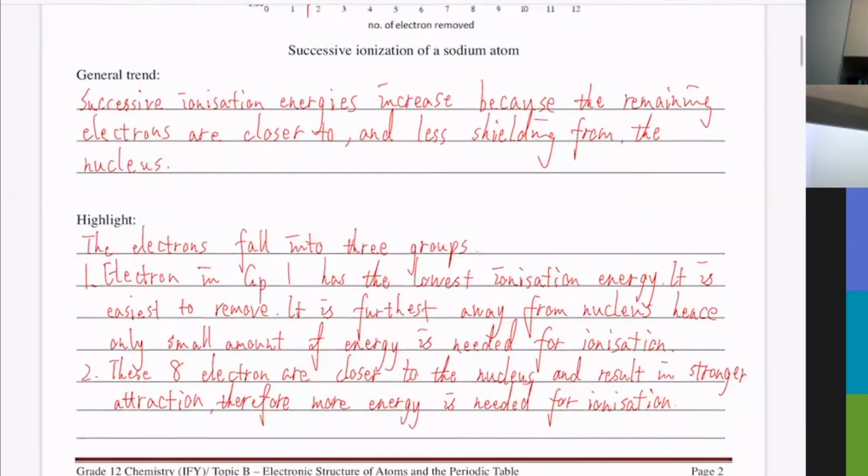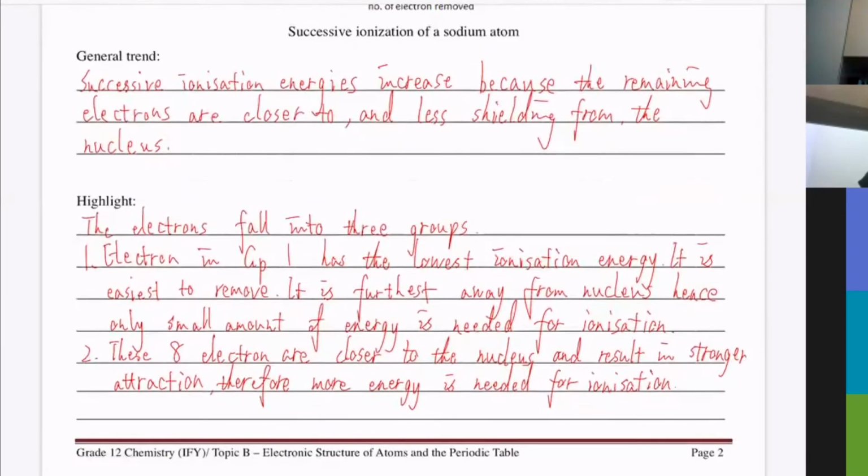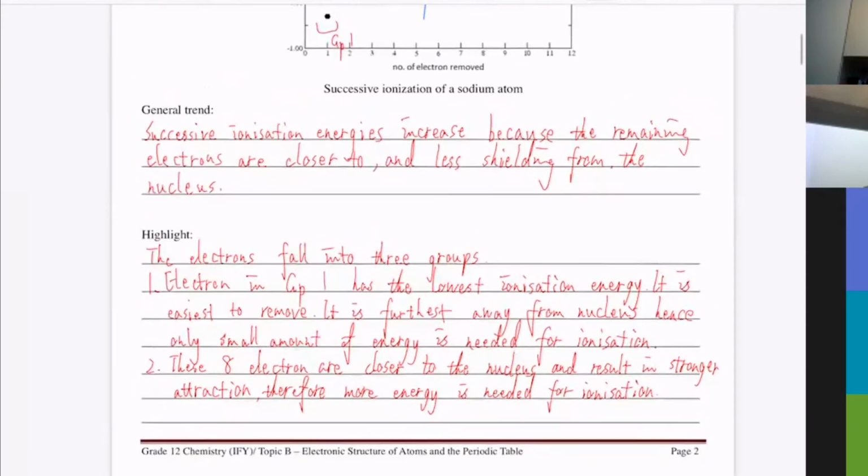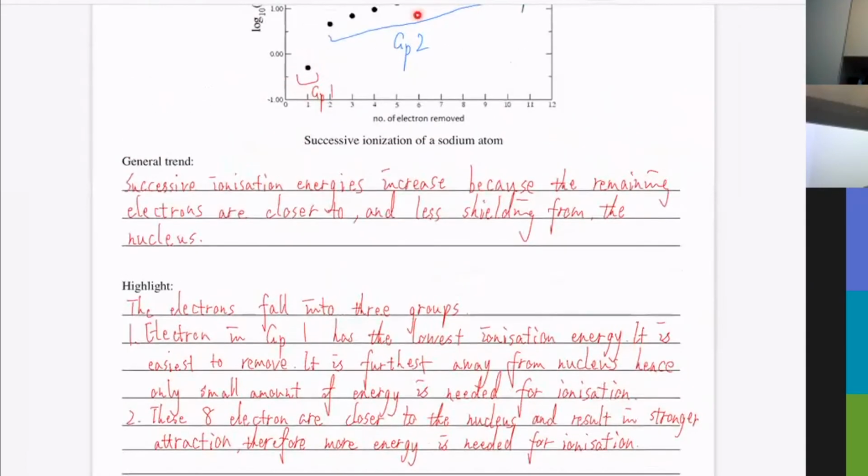So you can write for the third group: the last 2 electrons have the highest ionization energy because they are closest to the nucleus. So that matches with our understanding of sodium. Because sodium is from period 3, we expect it to have 3 electron shells: one electron in the outermost shell, 8 electrons in the second shell, and 2 electrons in the inner shell.